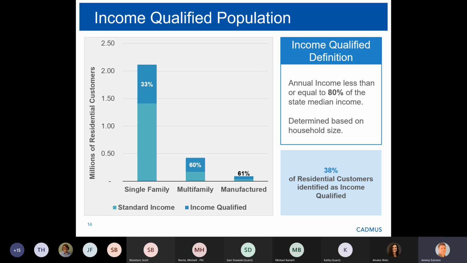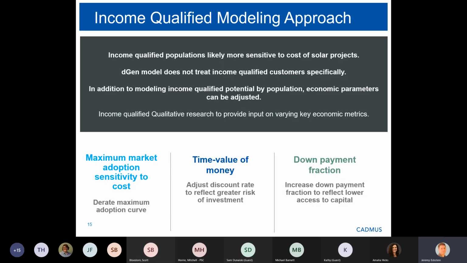First, this slide shows that 38% of residential customers qualify in the income qualified brackets based on the 80% state median income threshold. That's for Focus on Energy tier 2 incentives, and it's the same threshold that we used in the energy efficiency study. This sets up the next slide.